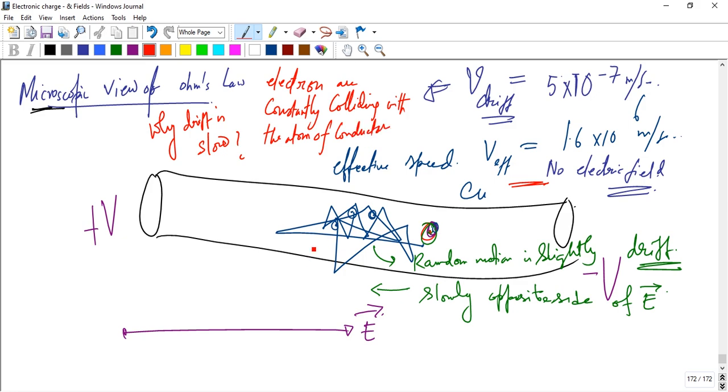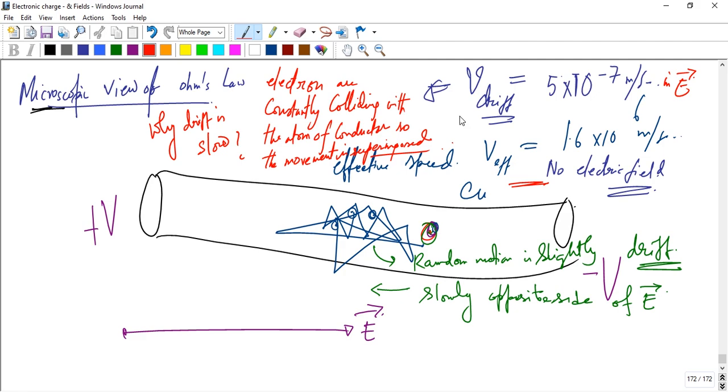Due to the applied electric field, the movements are superimposed on the random thermal motion of the electrons. So that's why the drift is slower than the effective speed. The movement is superimposed, and that's why the drift is very slow.